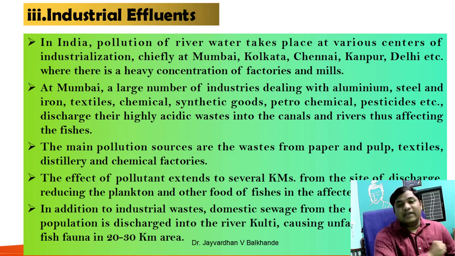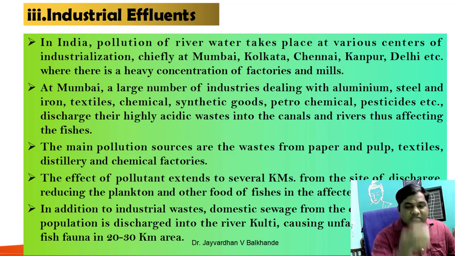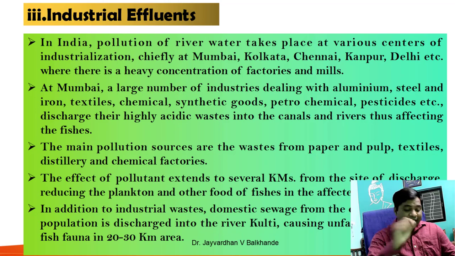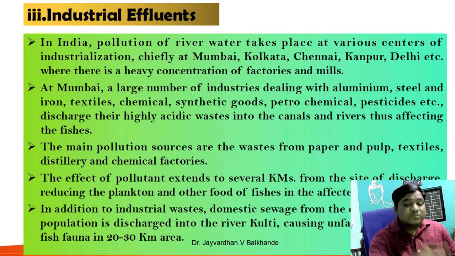When these industrial effluents are discharged and enter any water body, at that particular place the natural food of the fishes, that is called plankton, decreases because of this toxic material.